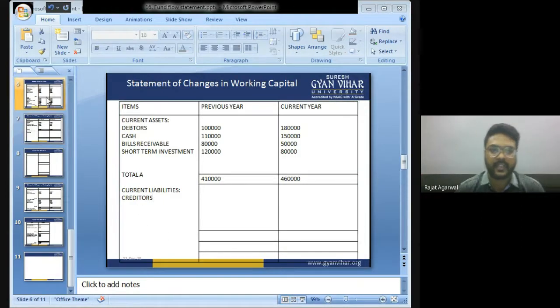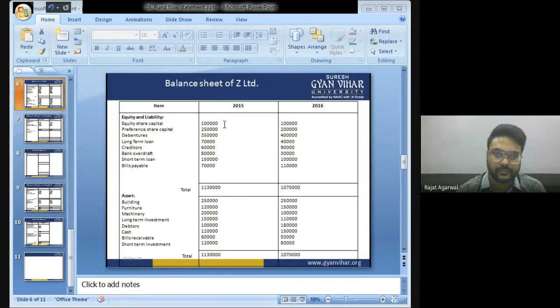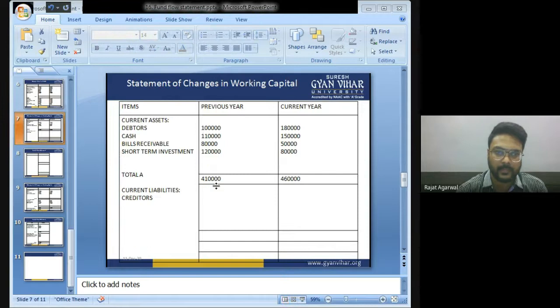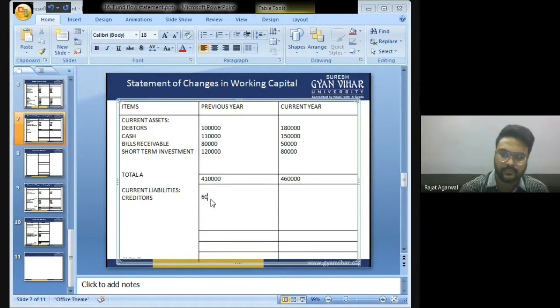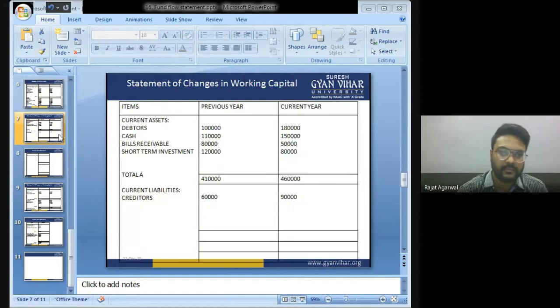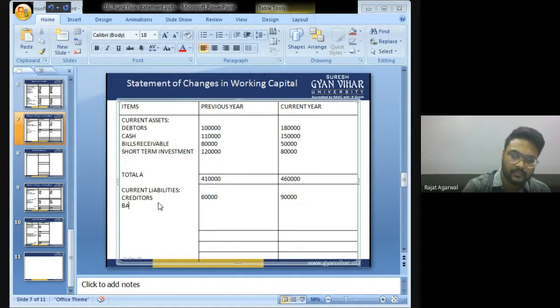Creditors. How much are creditors? Creditors are 60,000 and 90,000. Then after creditor, bank overdraft.